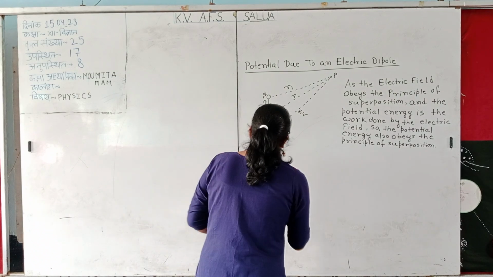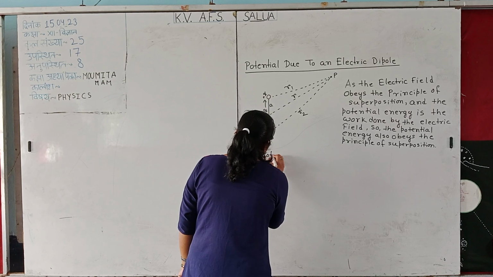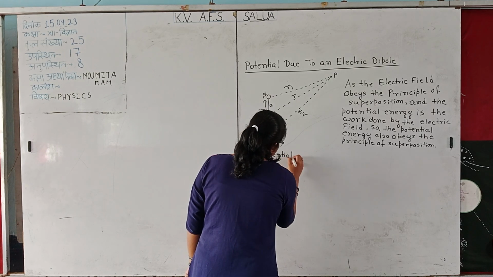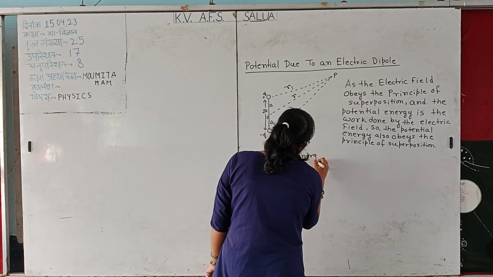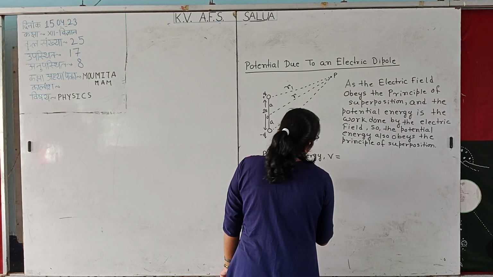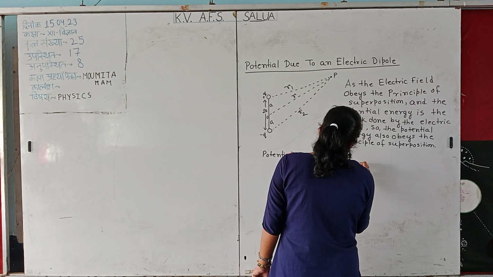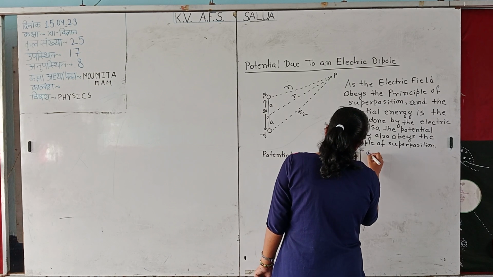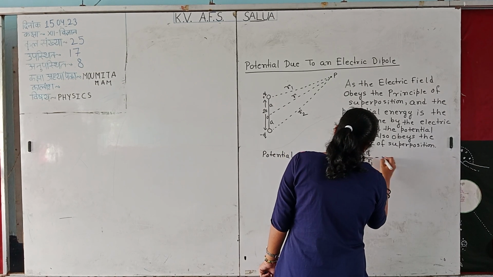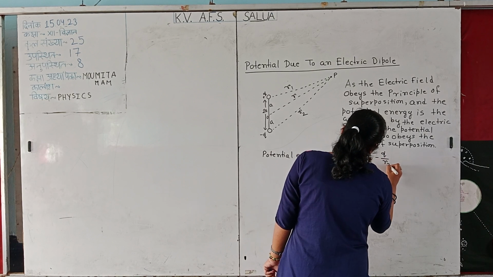So you can write the potential V is equal to 1 by 4 pi epsilon naught into q by r1 minus q by r2.